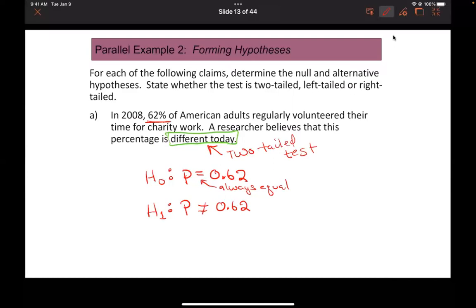So this number doesn't change. The only thing that changes is the symbol. It changes from equal sign to not equal sign. The numbers do not change.